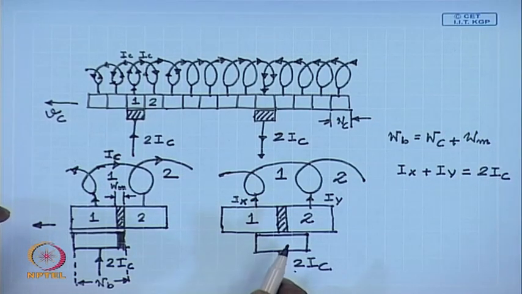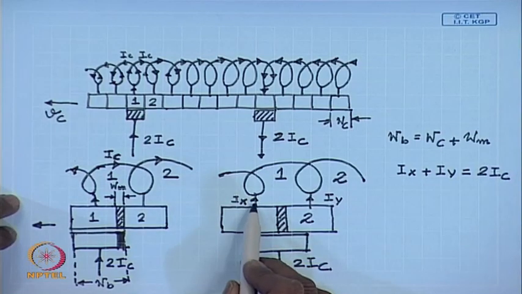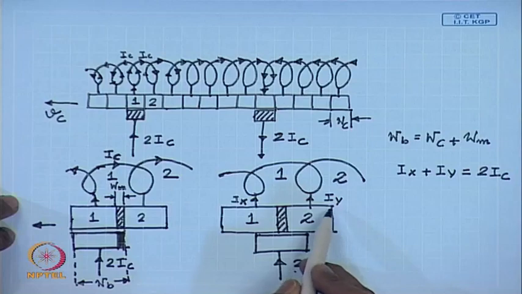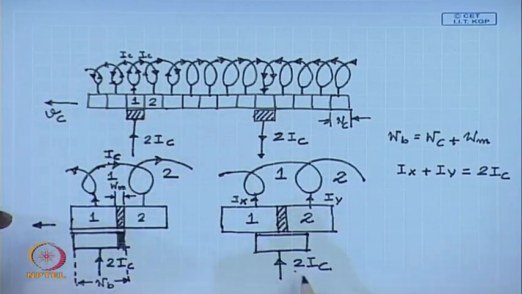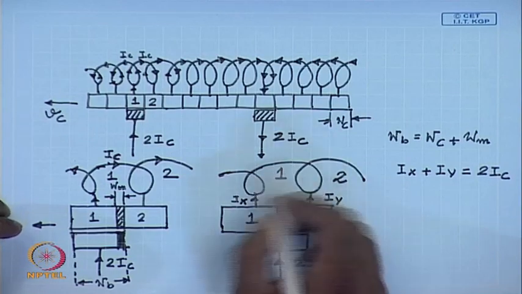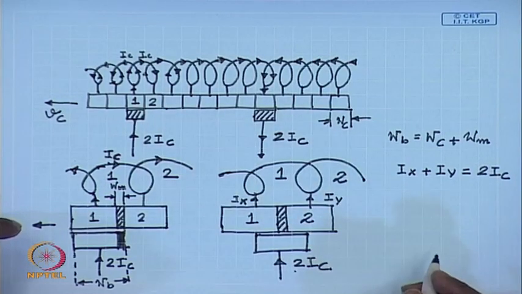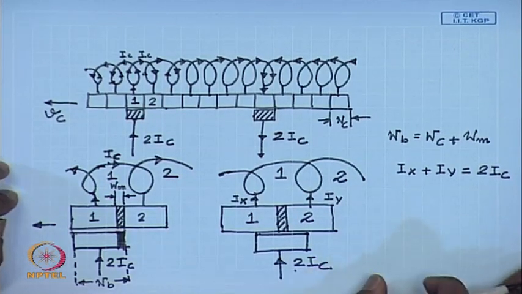In the process of commutation, this current will change. The current through this coil, which was IC previously, it will change to minus IC. Let us see how.